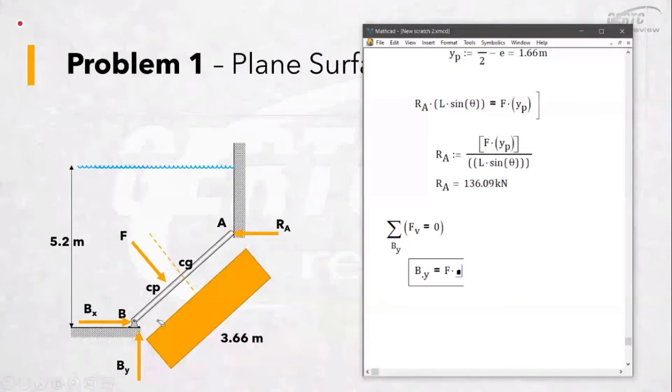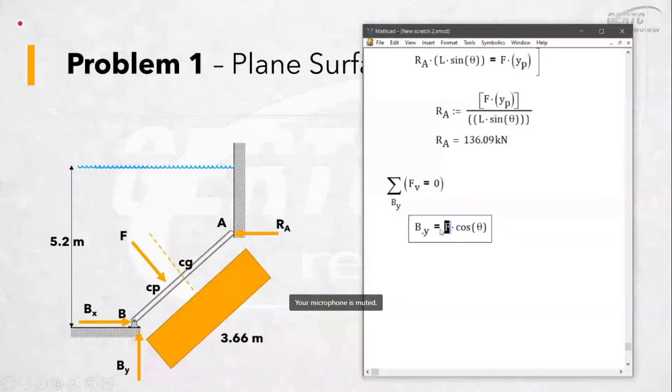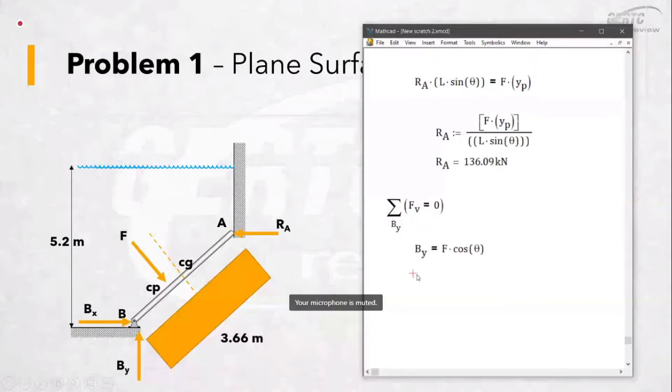We have already calculated for the force, no, ang force na to kaning 179.88 kilonewtons. And we have already the value of theta. So therefore, ang By na to is equivalent to F times the cosine of theta. And that is in kilonewtons, 143.66 kilonewtons. That is the By.